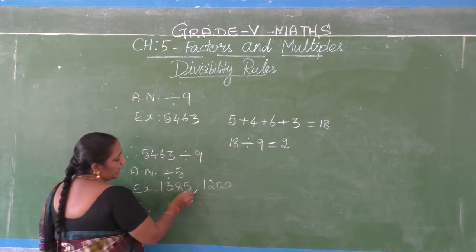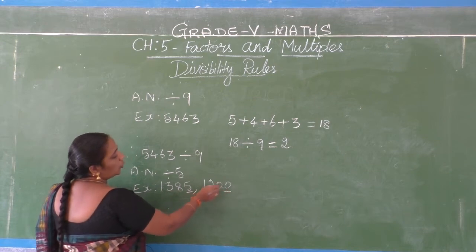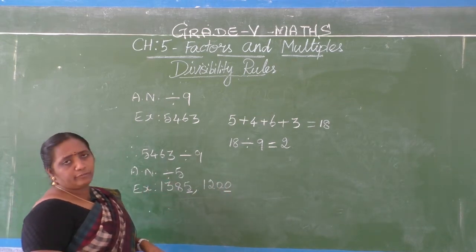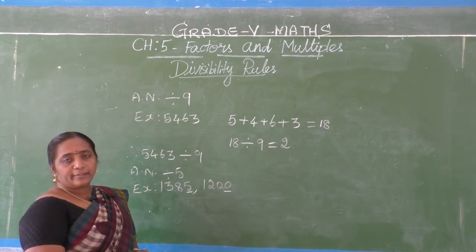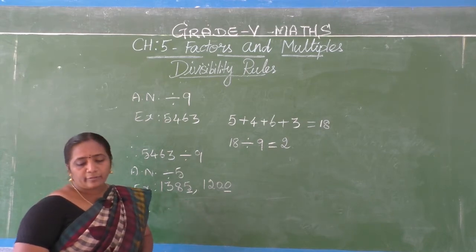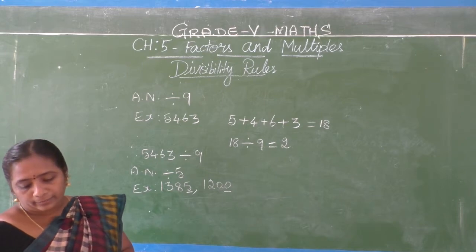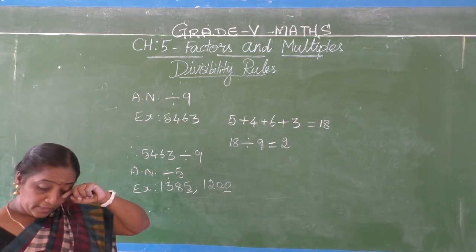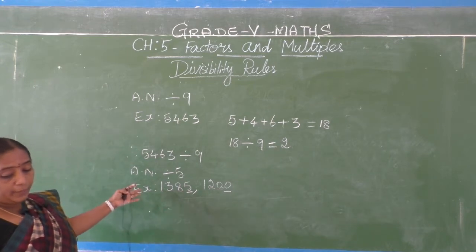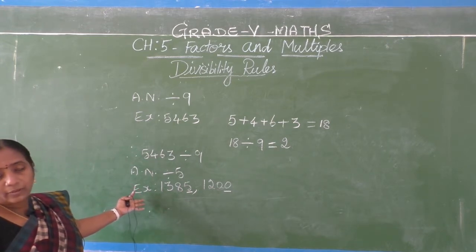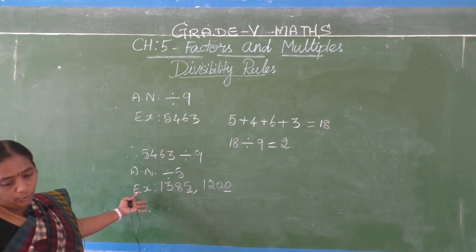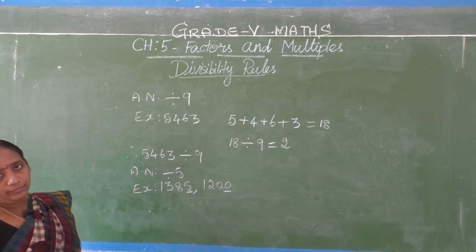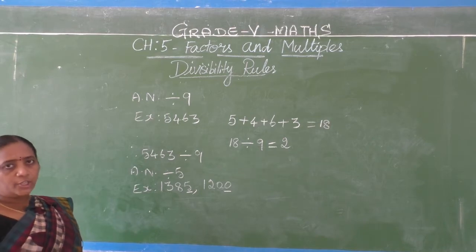In your ones place, if you have 0 or 5, the number must be divisible by 5. The number is definitely divisible by 5. This is the rule of 5. Okay, a number is divisible by 5 if the digit in the ones place is 5 or 0. Very easy, no?